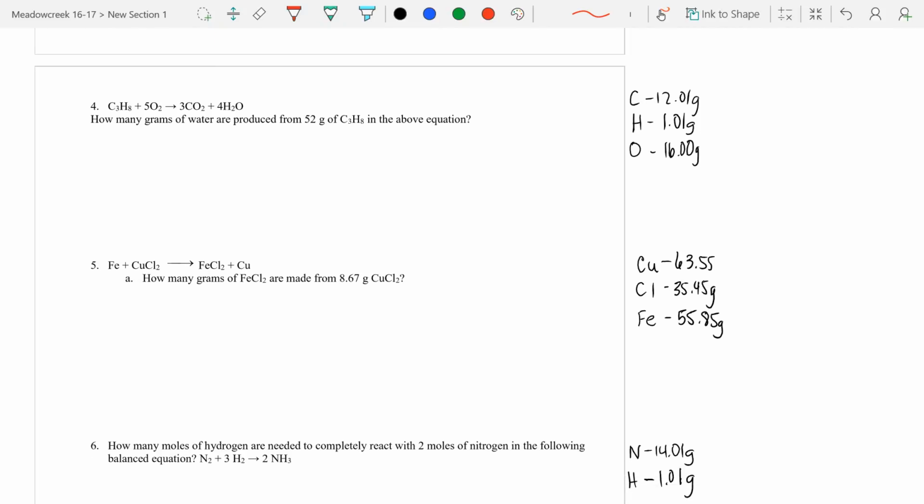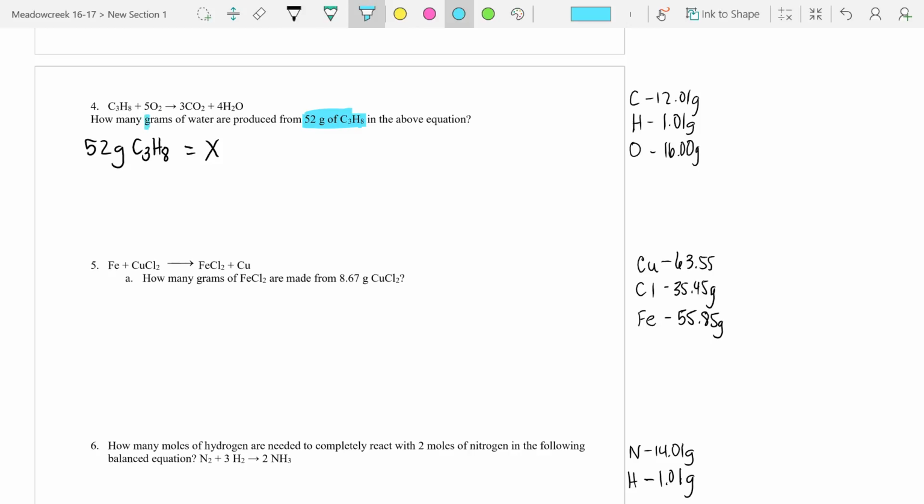Problem number 4 says how many grams of water are produced from 52 grams of C3H8 in the above equation. So again, we write down what's given to us first, and they give us 52 grams of C3H8. And we set it equal to X, whatever we're trying to find.